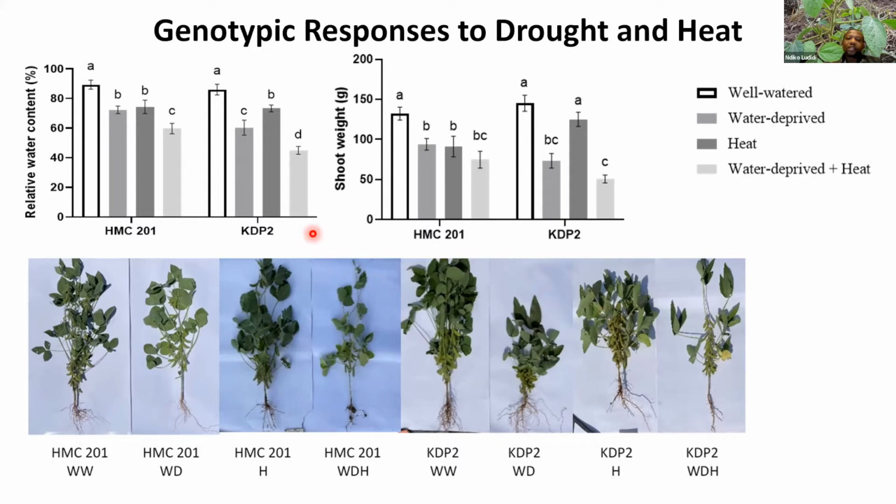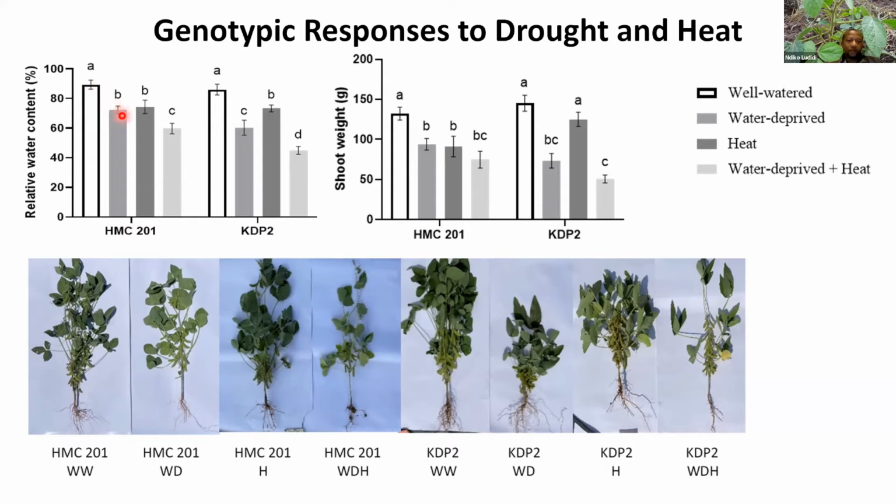But if we select just a few characteristics, for example, relative water content, which is a reflection of how much water is in the plant tissue. For this particular genotype, under normal conditions, you have full turgor and the relative water content is above 95%.